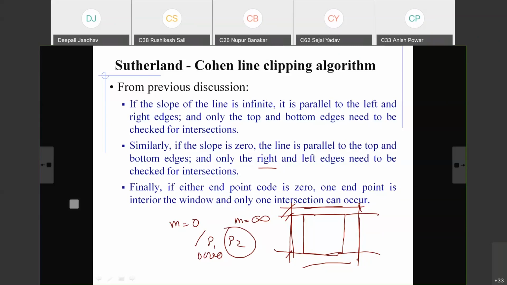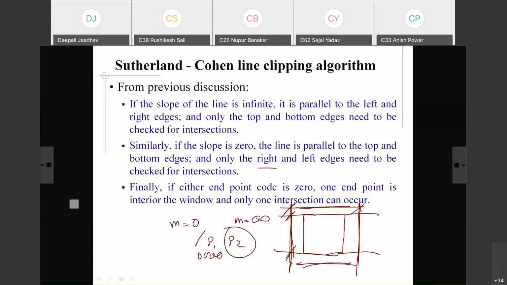Repeating: if the slope of the line is infinity, then it is parallel to the left and right edges, so we only need to calculate the intersection at the top and bottom edges. If the slope of the line is 0, then it is parallel to the top and bottom edges, and we only need to calculate the right and left intersections.